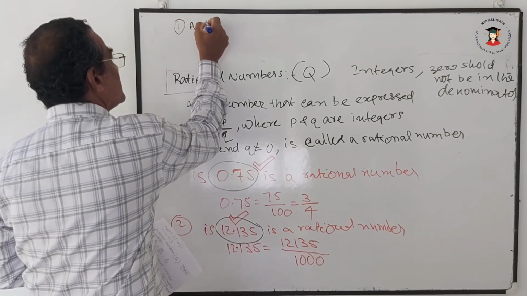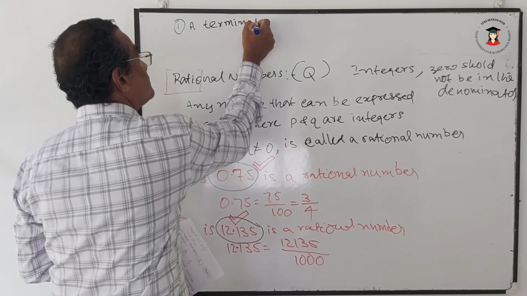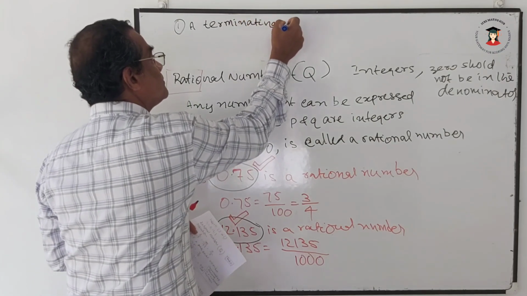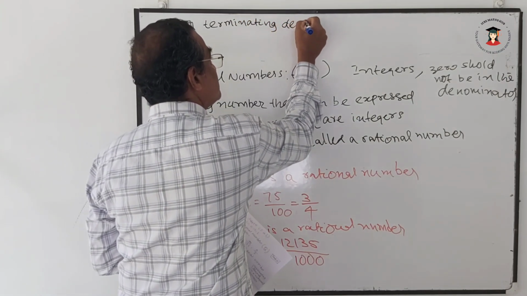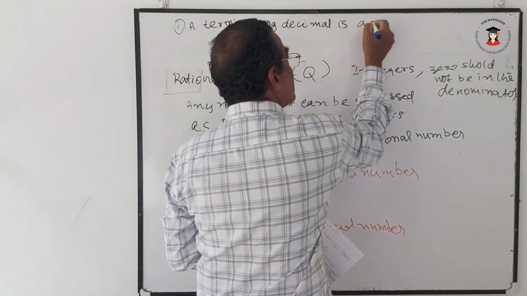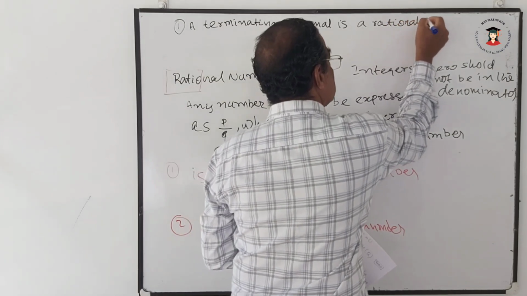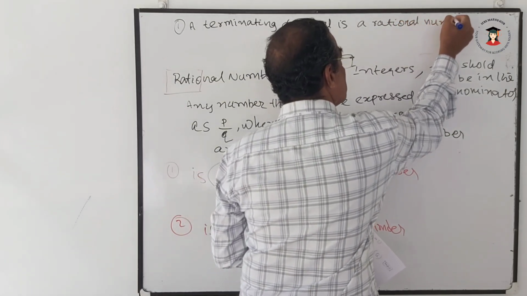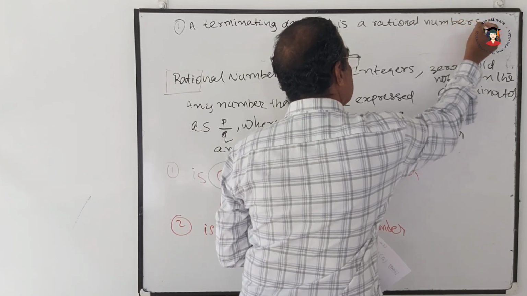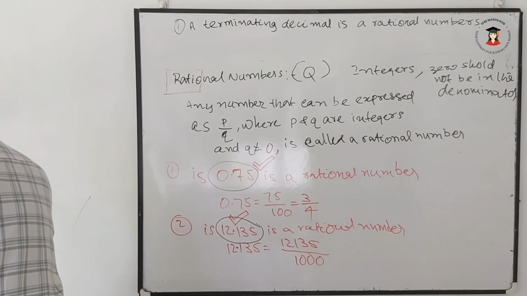A terminating decimal is a rational number. Then what about a non-terminating decimal? That we need to check.